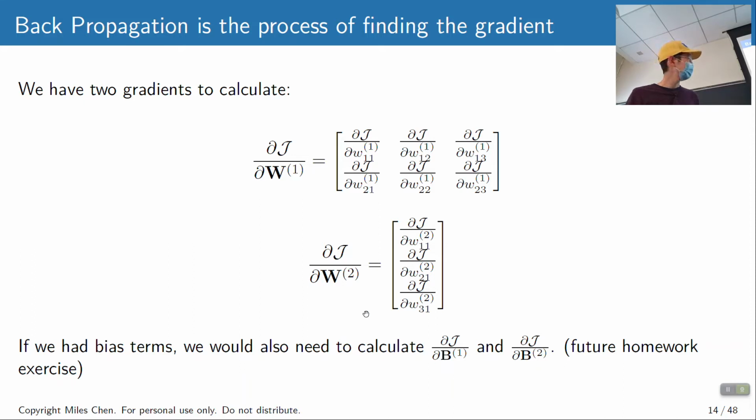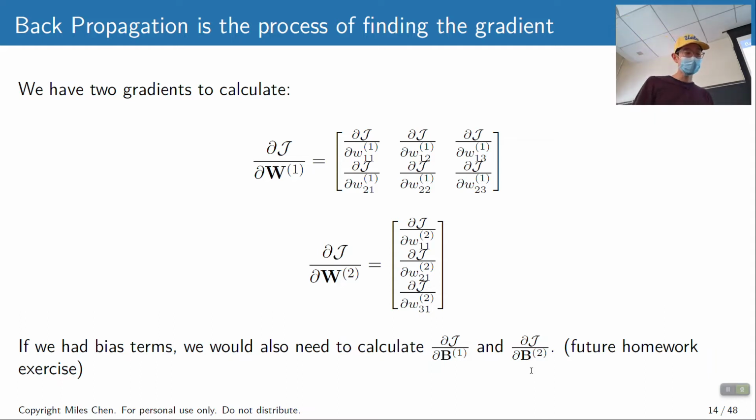And if we had bias terms, a B1 matrix and a B2 matrix, we would have gradients there as well. We would have a gradient of dJ with respect to B1 and dJ with respect to B2. We will not do this in class. That will be an assignment in your homework to figure out the gradients with respect to B1 and B2.